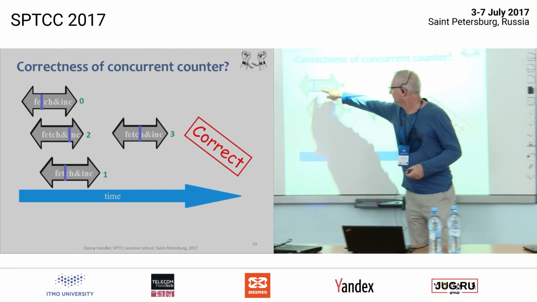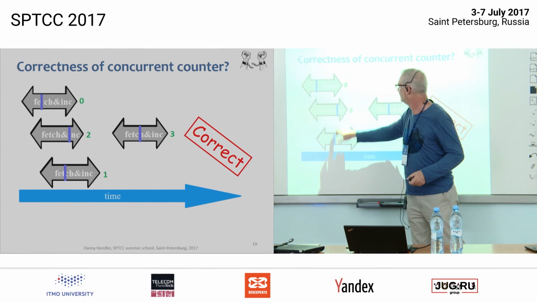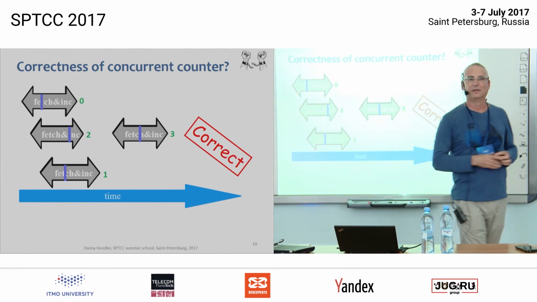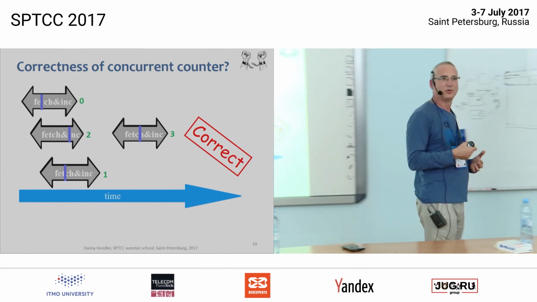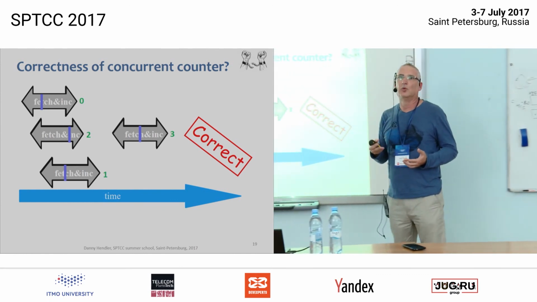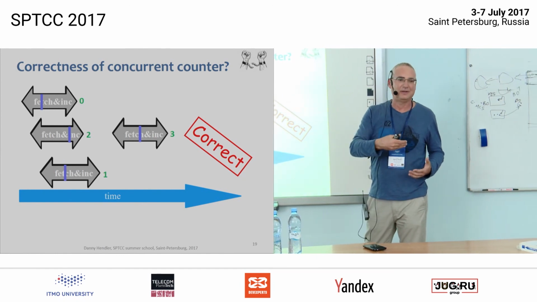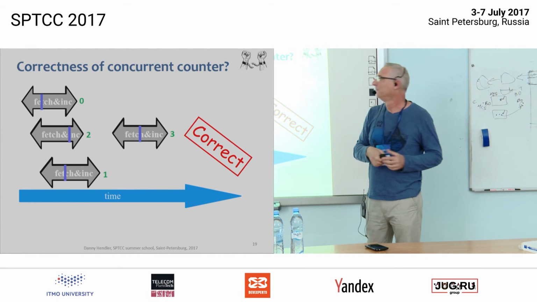And then we get, in this case, a total order of the operations, such that the values that are returned would have been returned by a sequential counter if the operations were performed in this order.